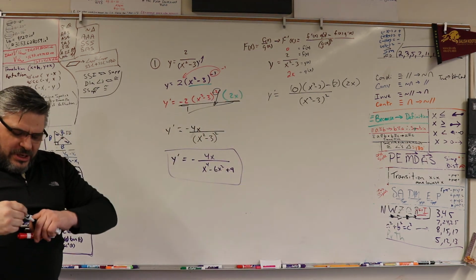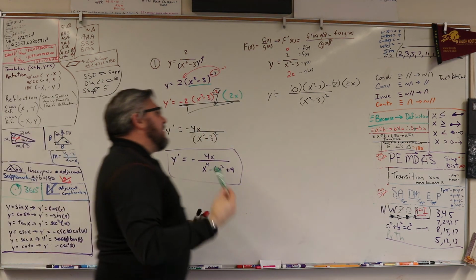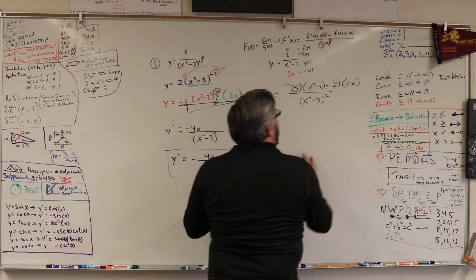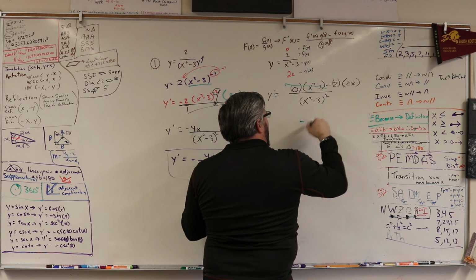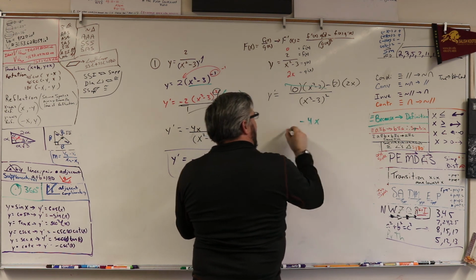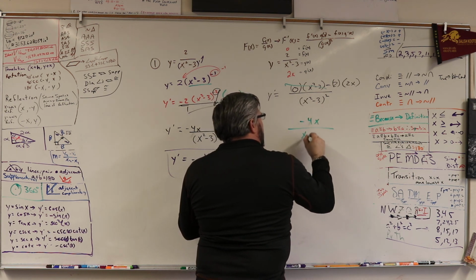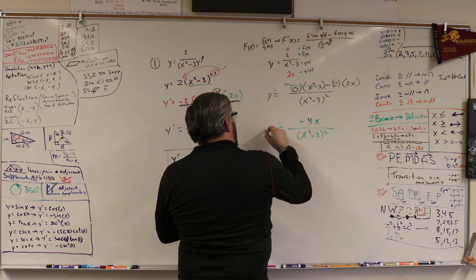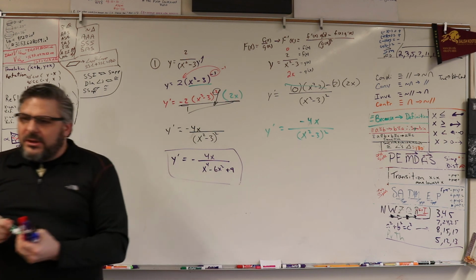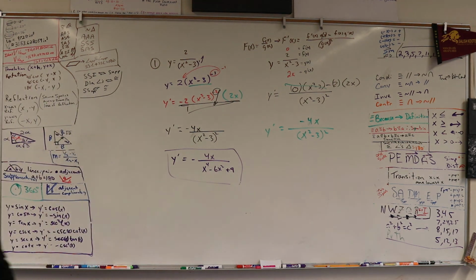So when we look at this one, this is 0, so it cancels out. This is negative 4x, all over x squared minus 3 squared, equals y prime. For some people, this is good enough.